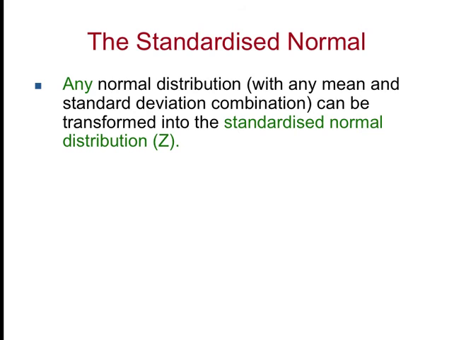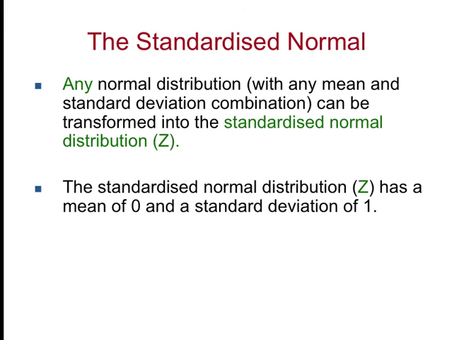Any normal distribution can be transformed into the standardized normal distribution, usually referred to as the Z distribution. The reason for this transformation is to allow one to look up values in a normal probability table and avoid tedious and complex computation of the normal equation that would otherwise have been required.